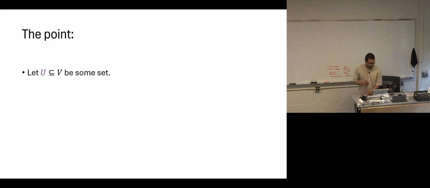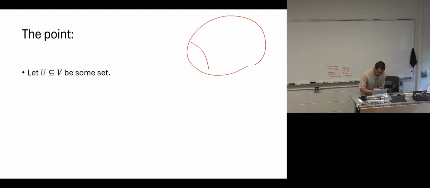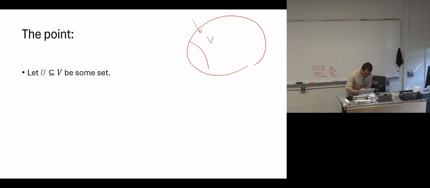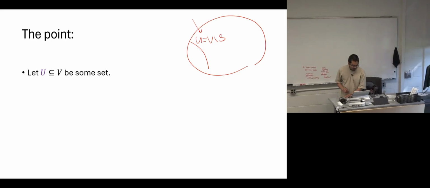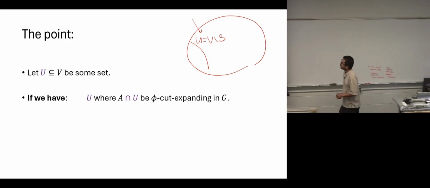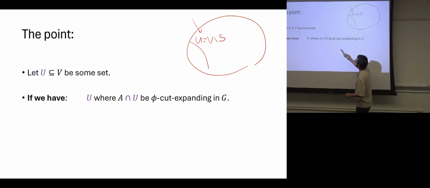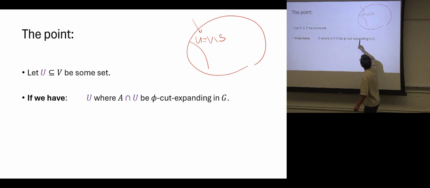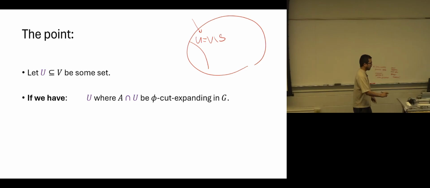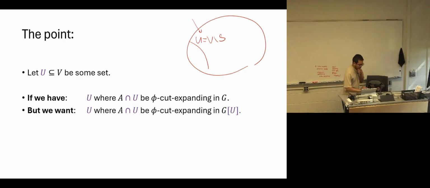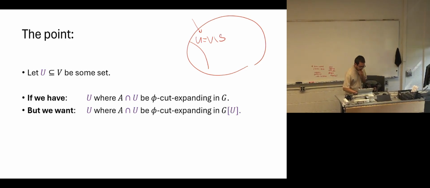Okay. So here's the point. Think of this as a set U. What we have is a U such that the node weighting in U is expanding in G, but we kind of want this to be expanding in G induced by U. That's a generic situation.